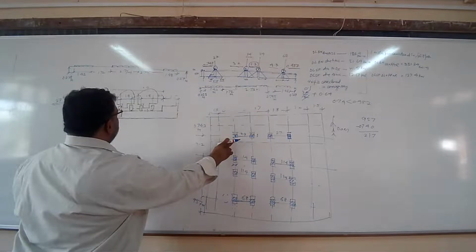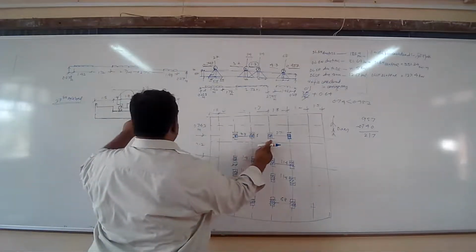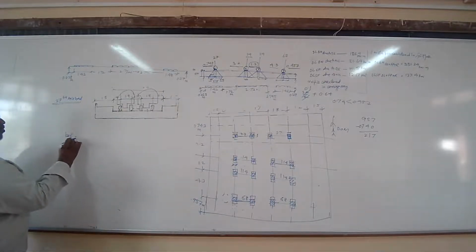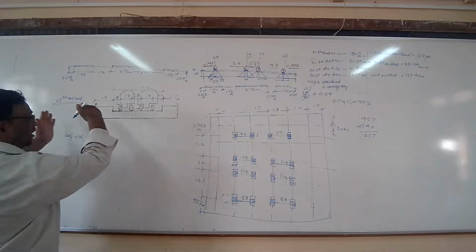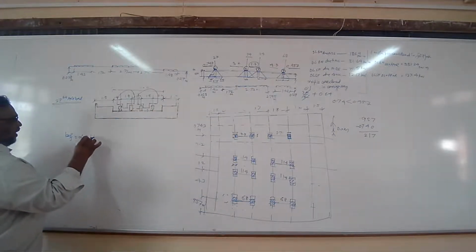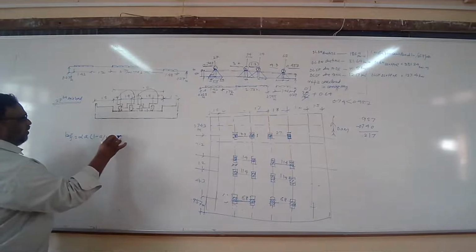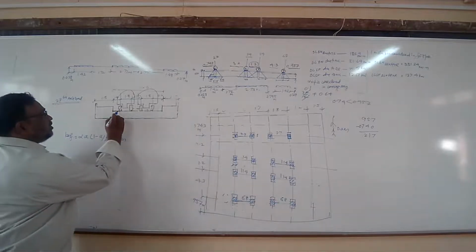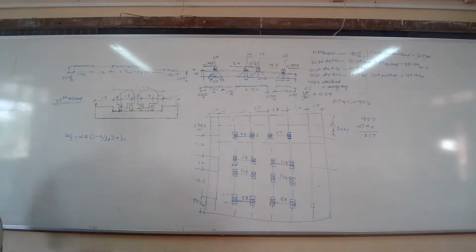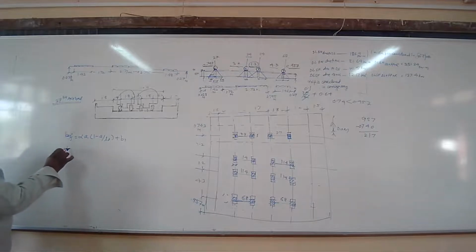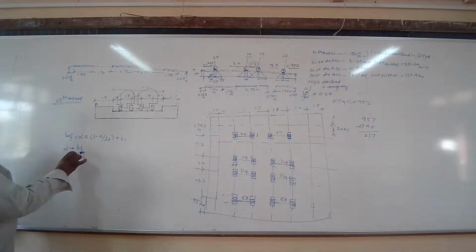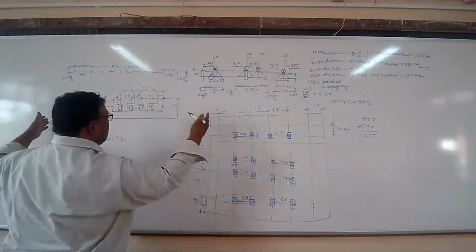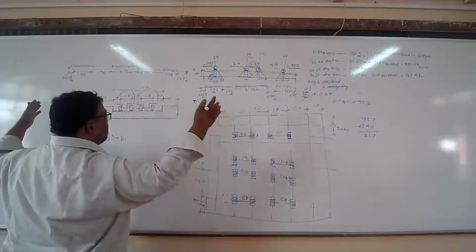For this wheel, then the second wheel is this, then the first of the other vehicle, the second of the other vehicle, like this. Now see what is the value of b effective, up to where its dispersion will go. Alpha a times (1 minus a divided by L naught) plus b1, is it right? For this wheel I am talking about. What is alpha? It is a factor that depends on B by L naught. What is B? The overall width of this bridge on which the dispersion of the load is possible.